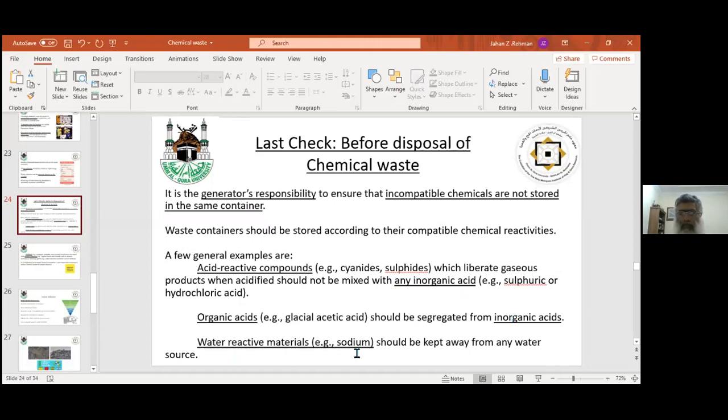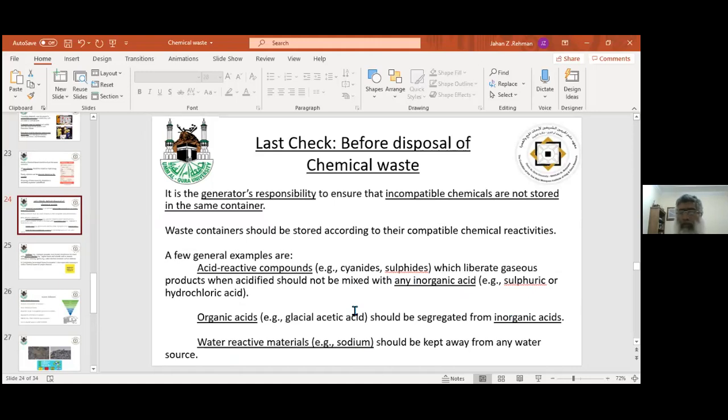Water reactive materials, for example, sodium: I hope you saw in your labs that there is sodium in metal form. If you throw sodium metal into water, it will catch fire because of a highly exothermic reaction, and the rate is very high.